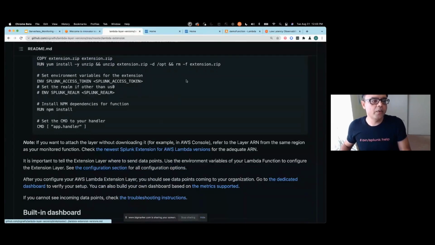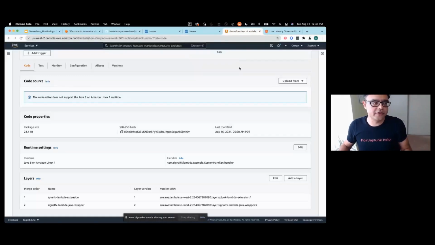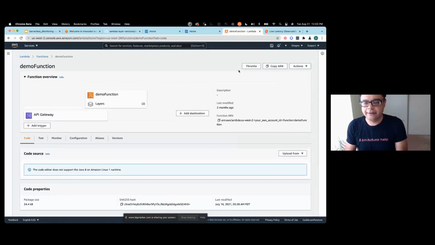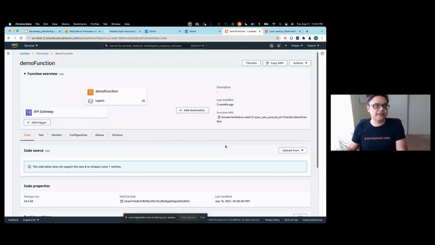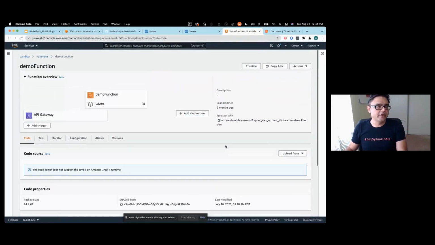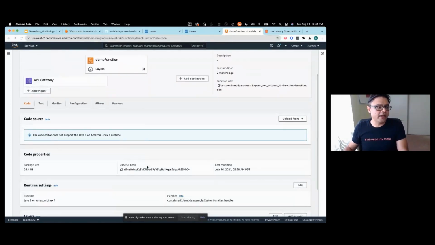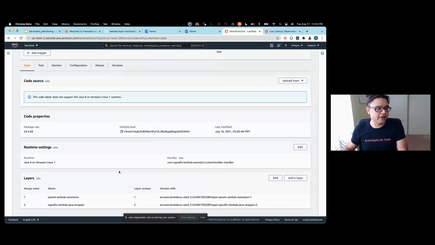Alternatively, for dev test, if you want to just start testing this out and you're playing with it for the first time, you can add these extensions as a Lambda layer. You can upload your code in a zip archive file to AWS Lambda, and then add these two layers I'm running here.